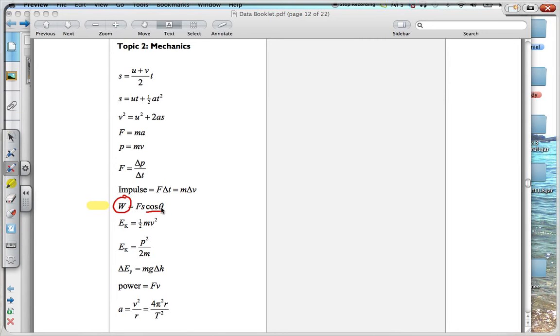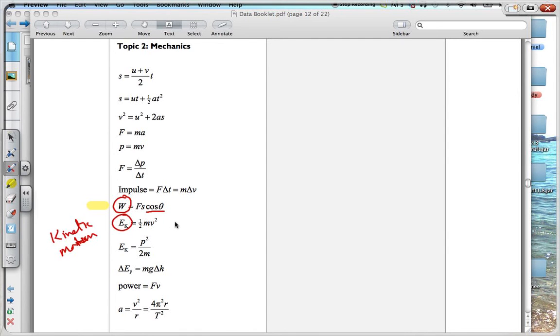But if theta is equal to 0, then cos of theta is equal to 1, then it's just Fs. This is your work, measured in joules. The Ek here is your kinetic energy, your energy due to motion.